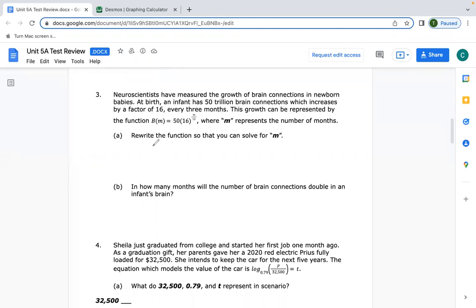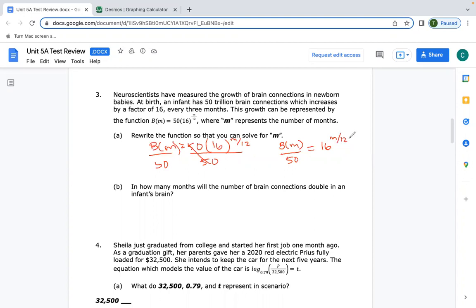So right now we have b of m equals 50 times 16 raised to the m divided by 12. We want m by itself. The first thing that we're going to move is that 50. Okay, so we're going to divide by 50 on both sides. And so that's going to give us b of m divided by 50 equals 16 raised to the m divided by 12.